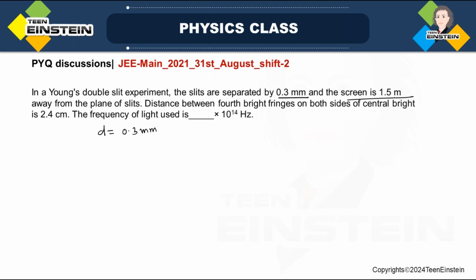The screen is 1.5 meters away from the slits, so capital D is given as 1.5 meter. This I can write 0.3 into 10 to the power minus 3, or let me write 3 into 10 to the power minus 4 meter.